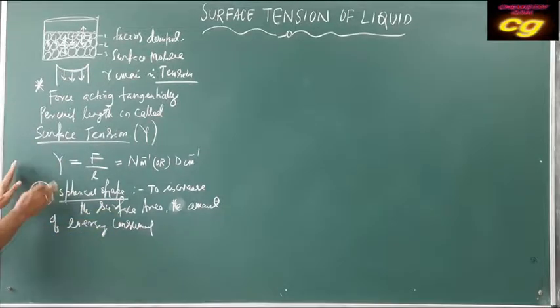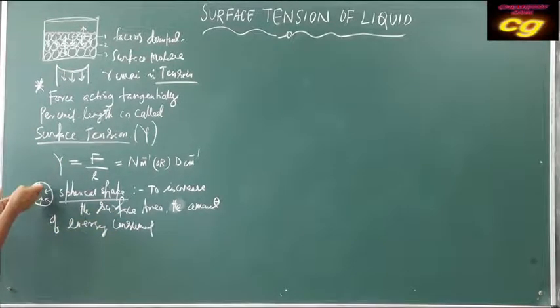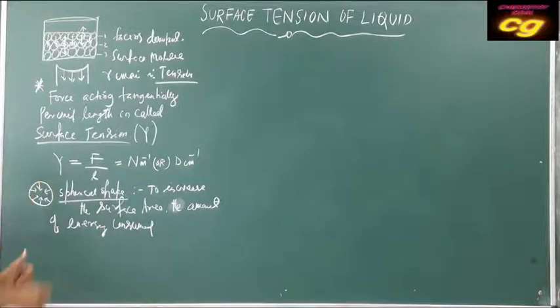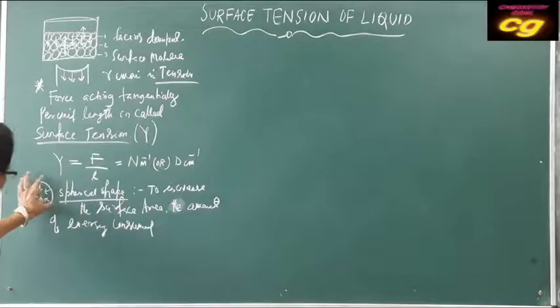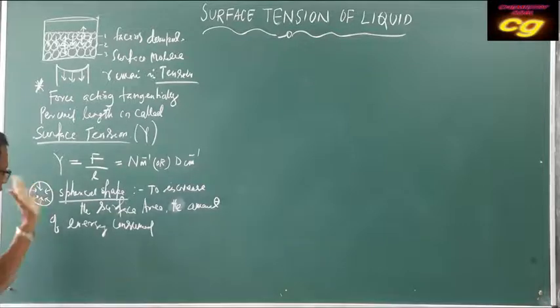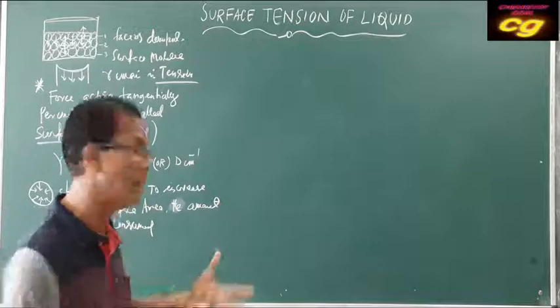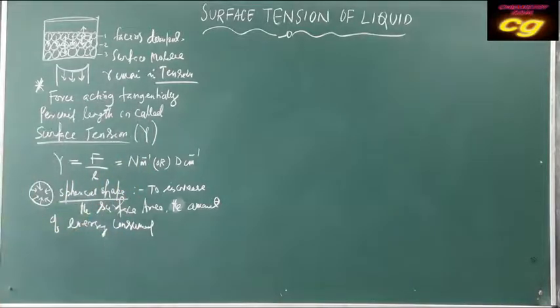Due to surface tension, surface area is decreased, because the surface molecules are pulled downward. Due to this, it acquires a curved shape. That means on both sides it becomes a spherical shape. So when the surface area decreases, how much energy is utilized to increase the surface area?